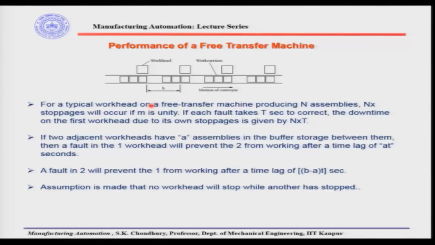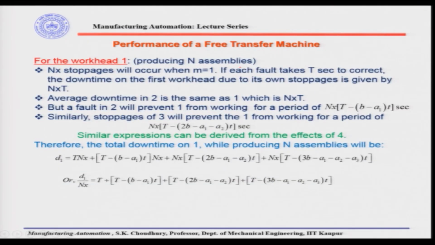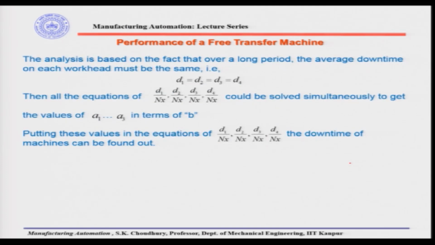What are A1, A2, A3, A4? They are the number of sub assemblies in the buffer. So A1, A2, A3 appear everywhere in these equations, and we can find them by simultaneously solving these equations.